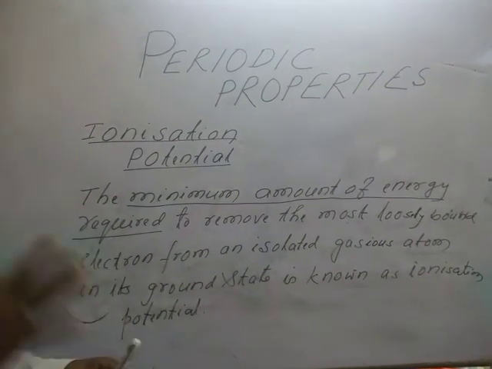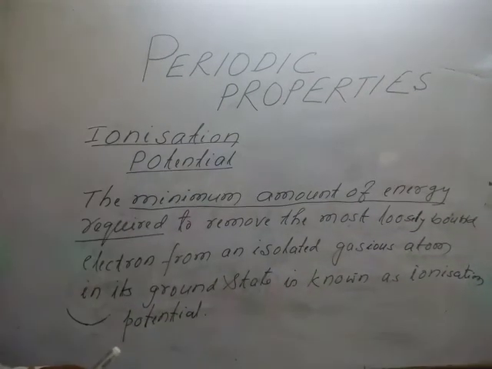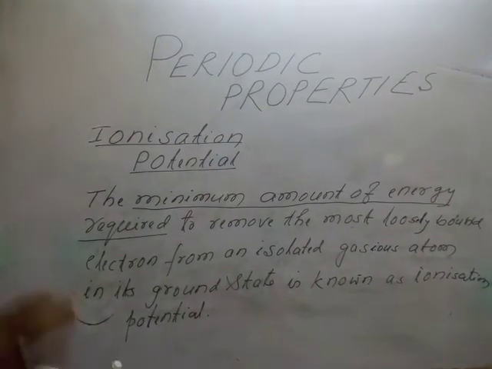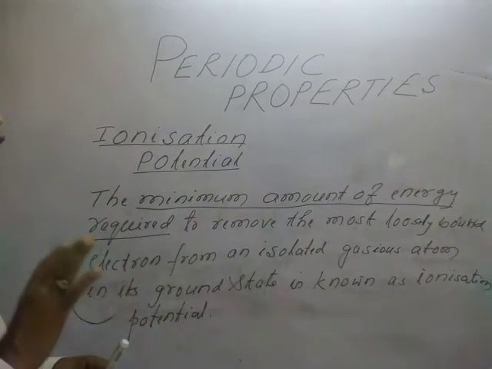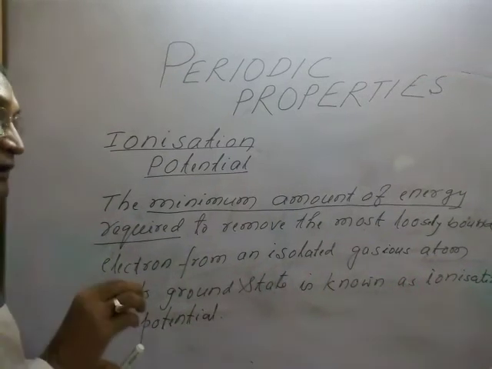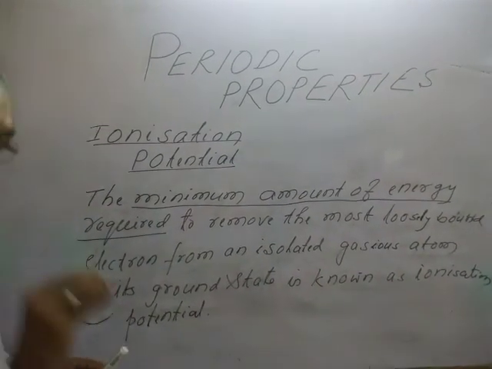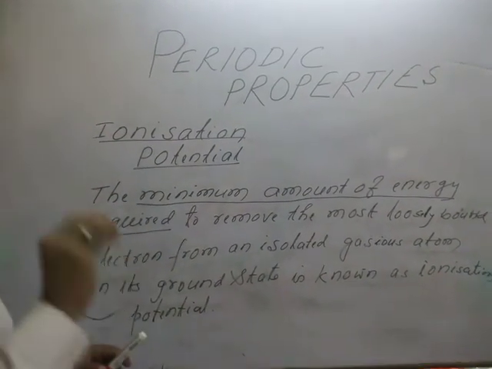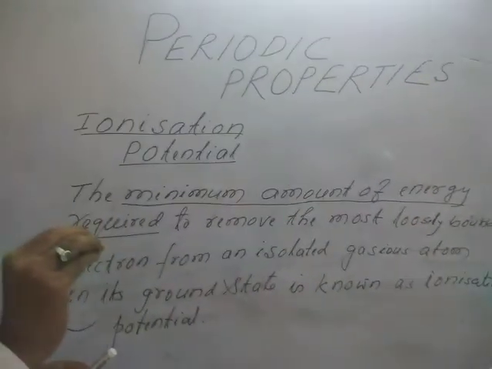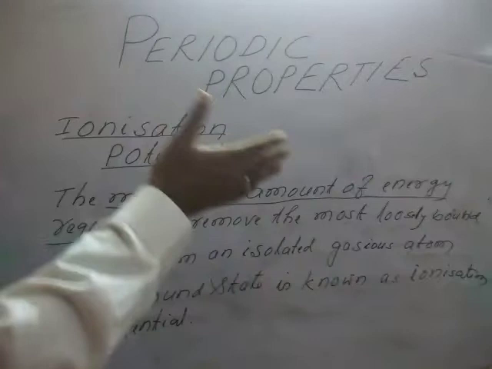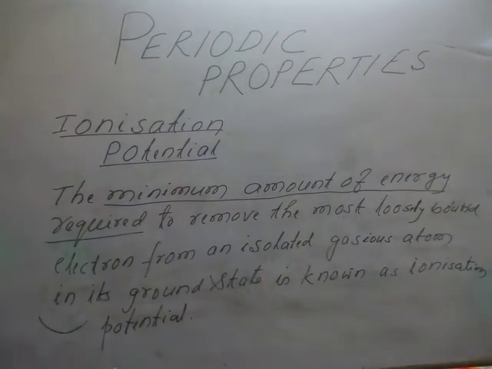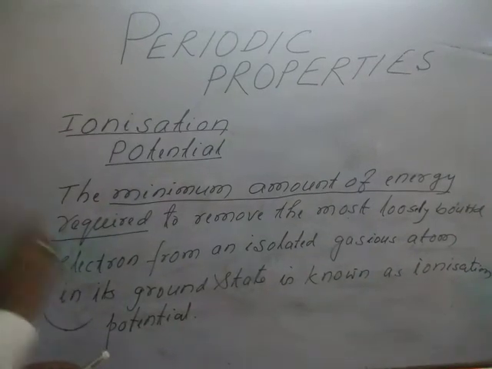If you give a packet of energy at a time, the electron will come out, no doubt, but there we are unable to get the ionization energy. So we will give energy in small packets, and the amount of energy by which the outermost cell electron comes out, that energy we consider as ionization energy.